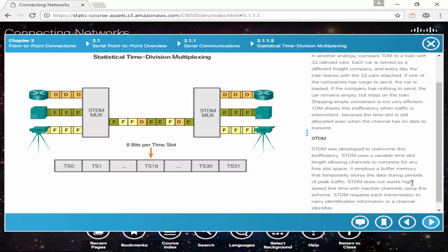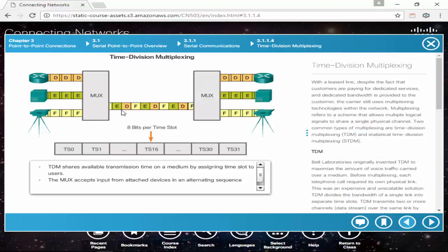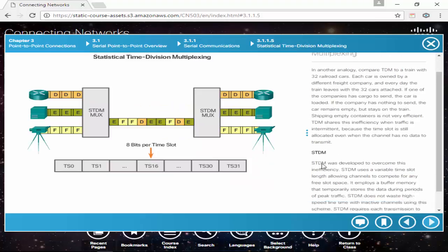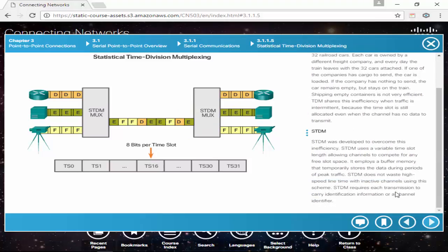Before, if we look here, they're completely in sync. But what if one wasn't sending? Then we're just wasting that bandwidth, and that's what STDM changed.